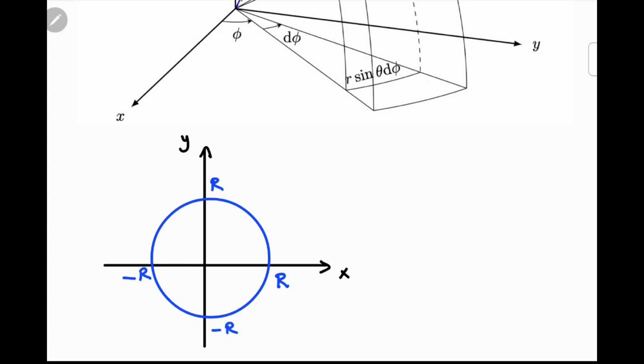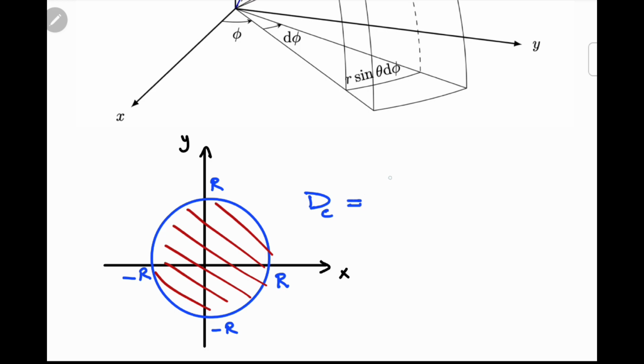Now we know that the relationship between x and y that represent this disk can be expressed as the region D, which we call DC to indicate the Cartesian coordinates.